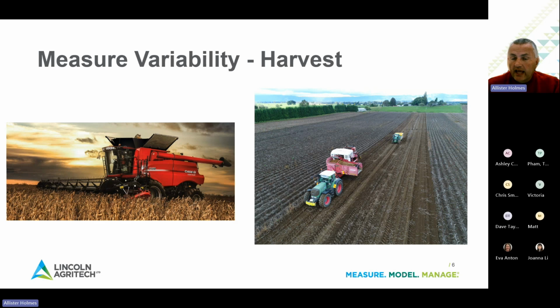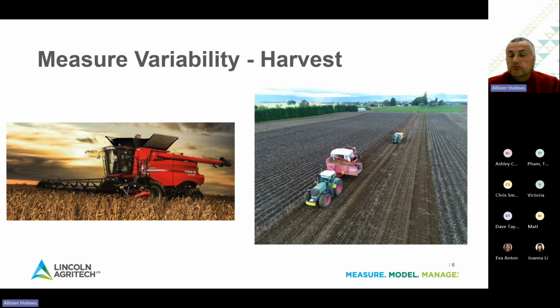So effectively, as they're harvesting the paddock, they are recording a GPS location, but they're also recording a yield value for that location.